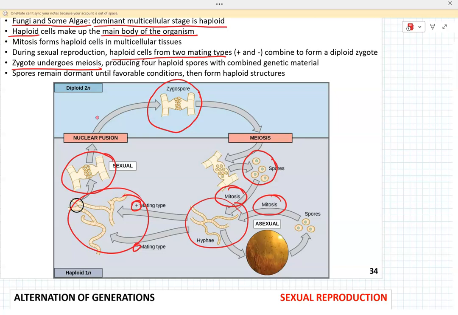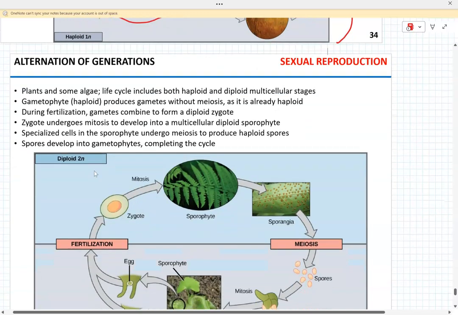Spores thrive in favorable conditions, forming haploid structures, which will produce a zygote during the nuclear fusion, and the cycle starts over. So you can see that most of the events in haploid dominant life cycle happen during the haploid phase.